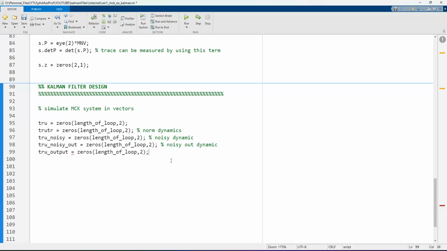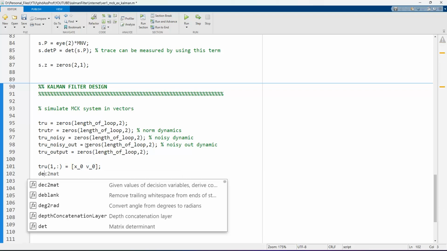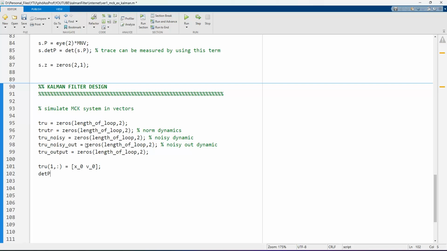We have 5 variables in here, vector notations, and also we need to assign true 1 is equal to x0 and v0. Okay, and p1 is initialized with SP.